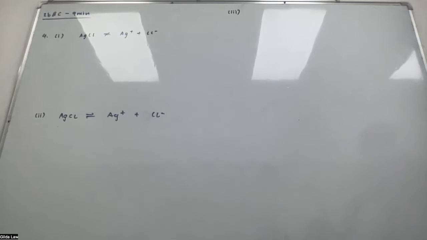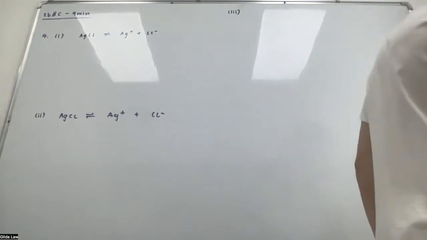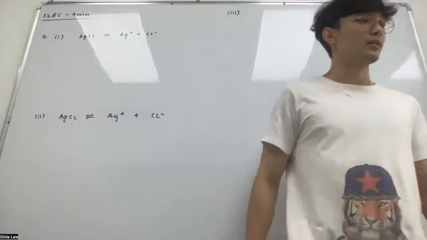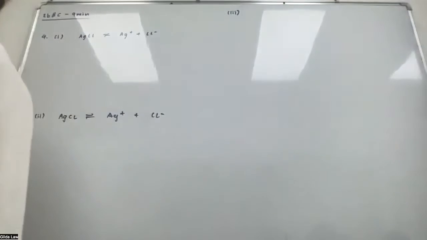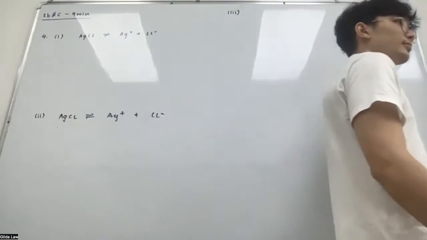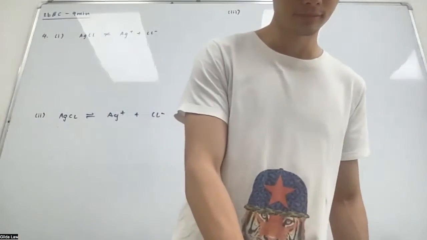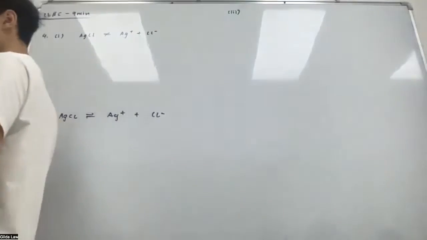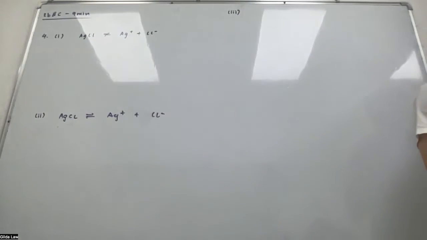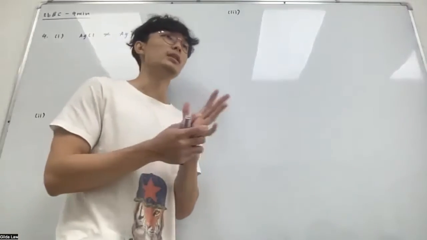So S is very small, so you can get rid of this S. Once you get rid of it, this is going to be an approximation. Yeah, and also you will get one, but then you have to get rid of it.